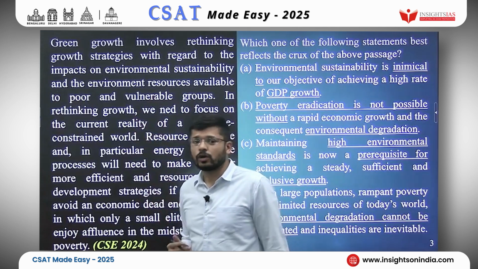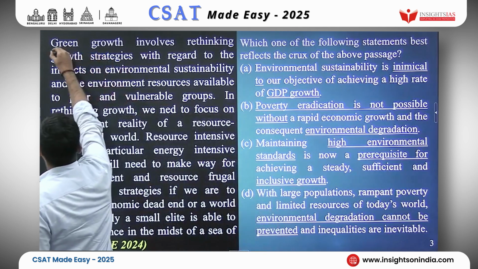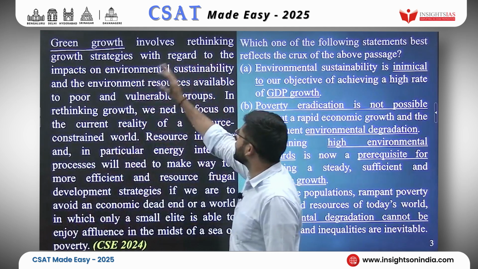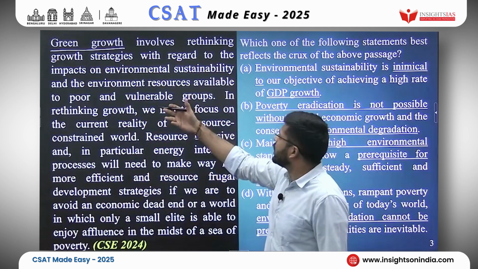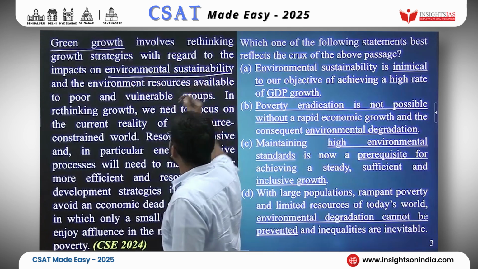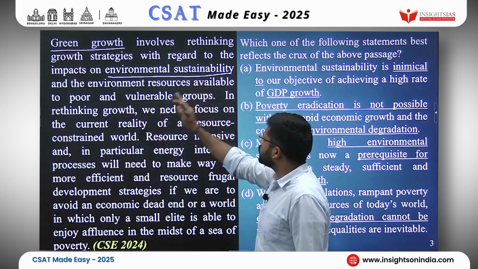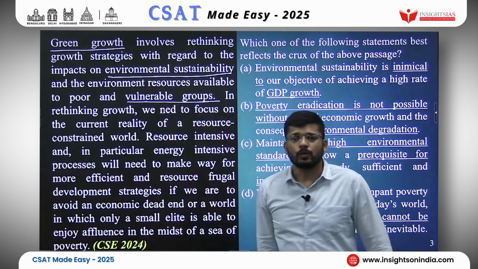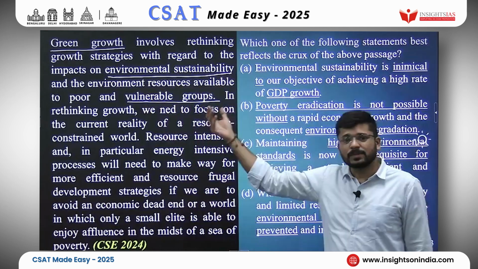What is this sentence talking about? This sentence is talking about green growth. And what is green growth? It involves rethinking of growth strategies with regard to impacts on environmental sustainability and environment resources available to poor and vulnerable groups. I underlined 3 key terms in one sentence.